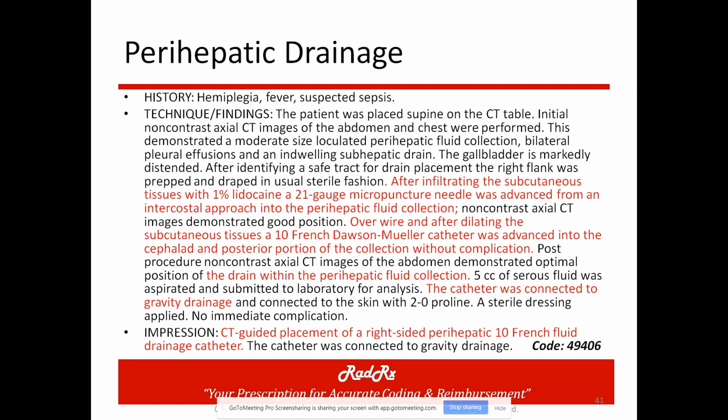And then in the next example, we have perihepatic drainage. Now this is where we see the difference between 49405 and 49406. We just saw an example of a liver drainage, which was 49405, but when we're dealing with a perihepatic drainage, not the liver itself, but we're dealing with a fluid collection that is on the outside, this is where we would consider that abdominal or the peritoneal or retroperitoneal space, and then we would code that with 49406.